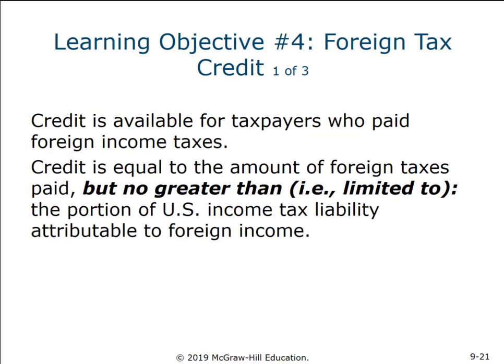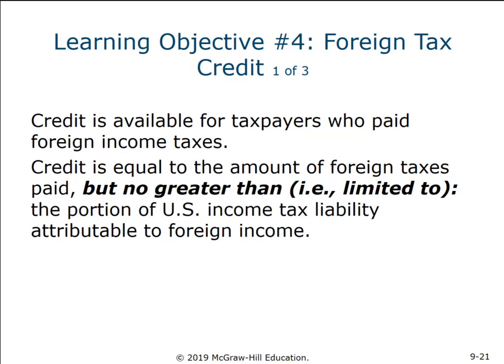So the idea here is you're not going to have to pay taxes there and in the United States on the same income. So you know how much you paid on that income in the other country. You look at how much you would have paid if you had earned that same income in the United States, and then your credit is the lower of those two numbers.